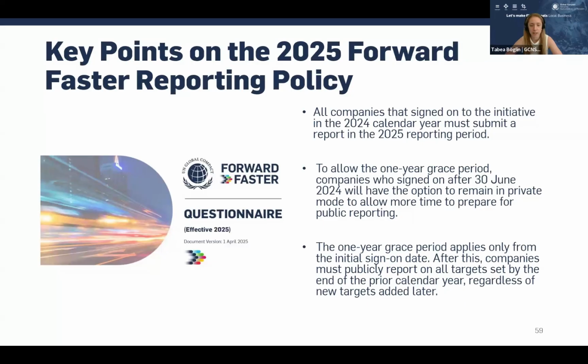Essentially anyone that signs after June 30th will be able to submit in private mode, which means that nobody will be able to actually take a look at your communication on progress. However, if you joined in 2024 by June 30th, then you will not have this option, but will be reporting regularly with everyone else. So if anyone is here today who joined last year after June 30th, that means that you will be able to submit in this private mode.